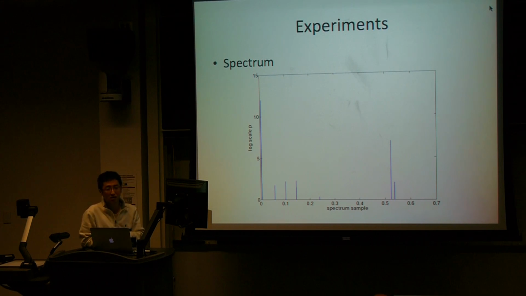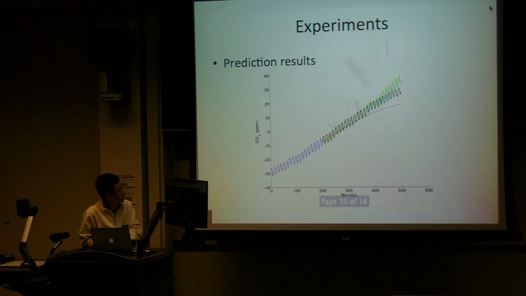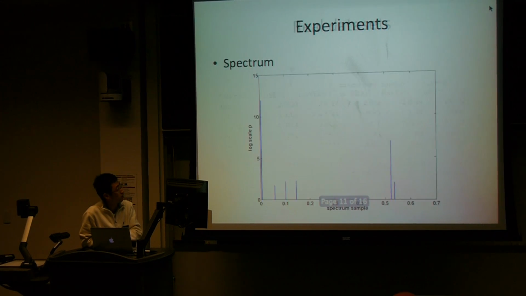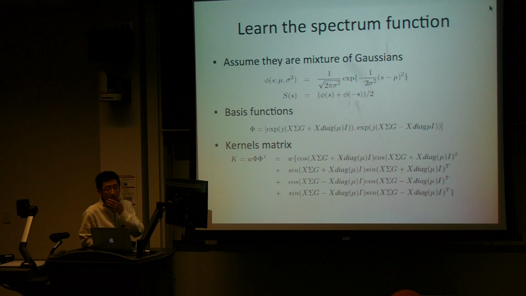So the part I don't understand is the eigenfunctions, which you are later simulating by mixtures of Gaussians. So if you go forward... Okay. And you're ensuring that these are orthogonal?